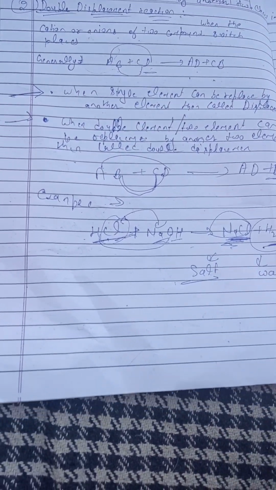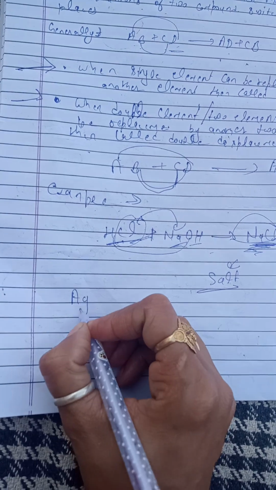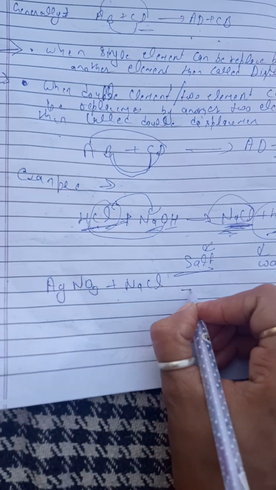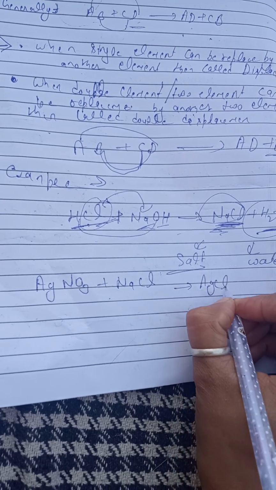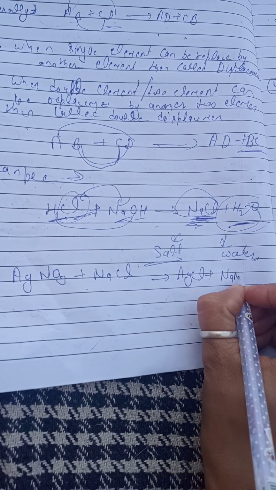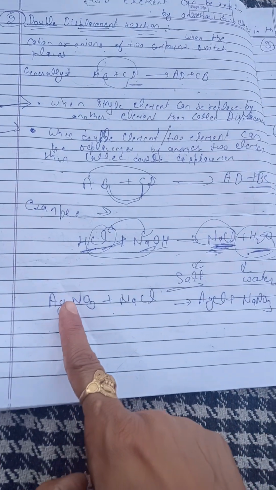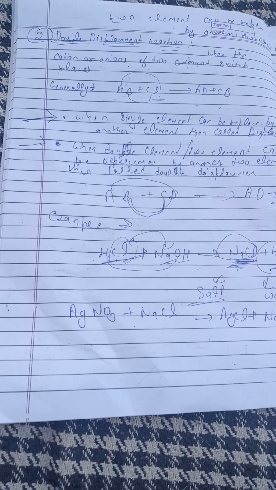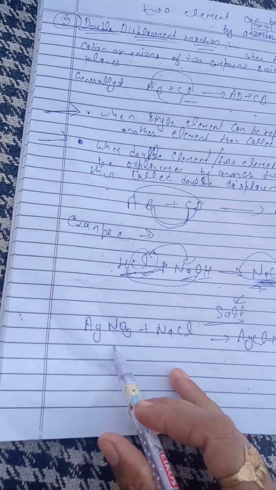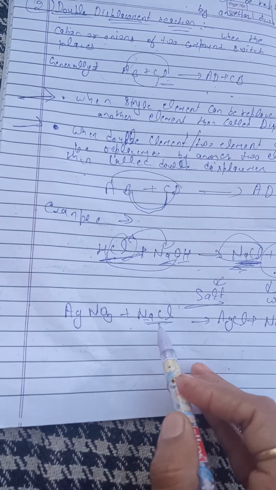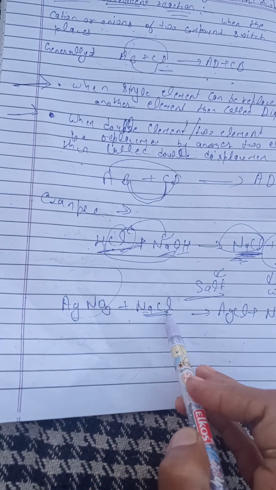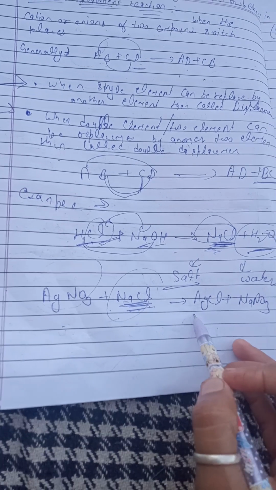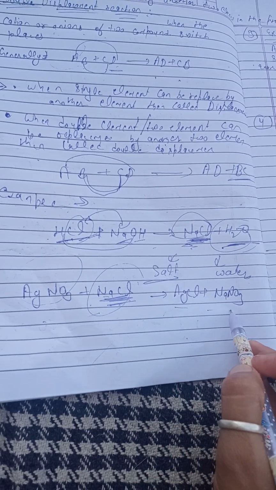In the same way, we have another example. AgNO3 plus NaCl gives AgCl plus NaNO3. When silver nitrate, AgNO3, reacts with NaCl, sodium chloride, then it gives AgCl plus NaNO3.